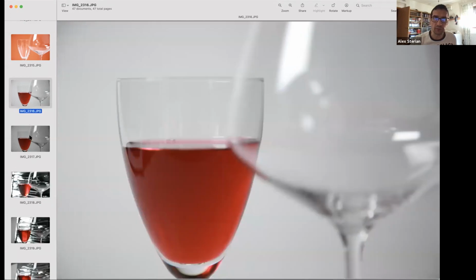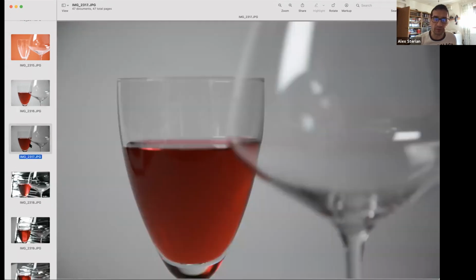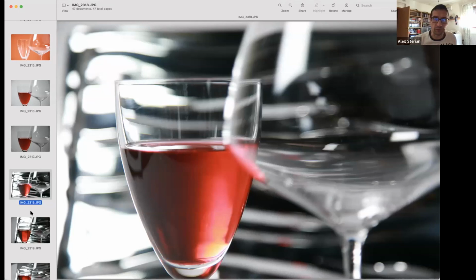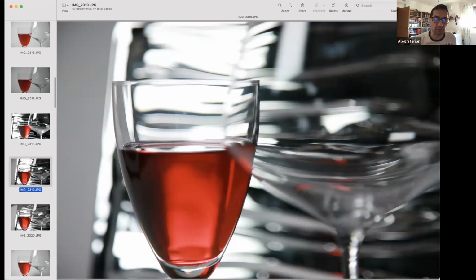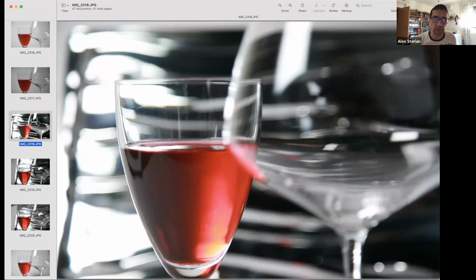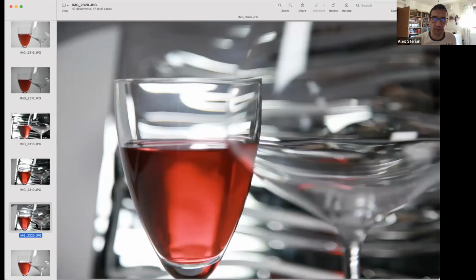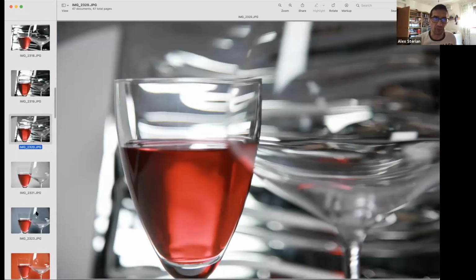So in this one, or in this one either, we don't have what we have here or here. And this is also very dependent on the position of the background and the reflected areas which are seen through the glass.